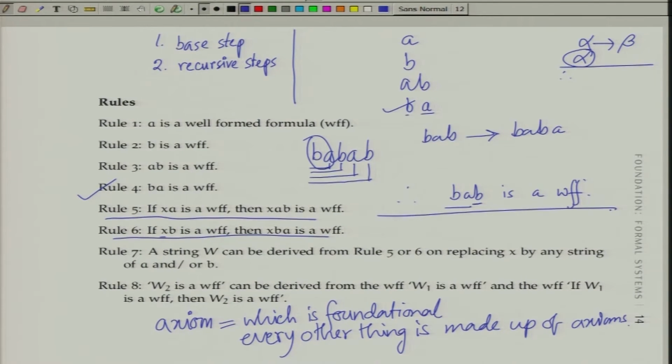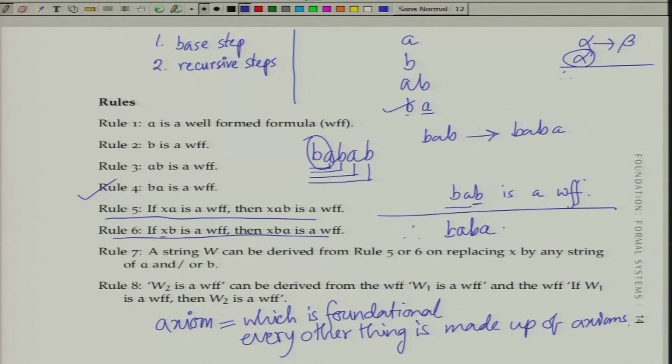I don't require this therefore because already therefore is there, it has established whatever it tried to establish. Now we have BAB is a WFF, and if BAB is a WFF then so is BABA. By combining the two, by applying the rule of implication, I derive BABA.